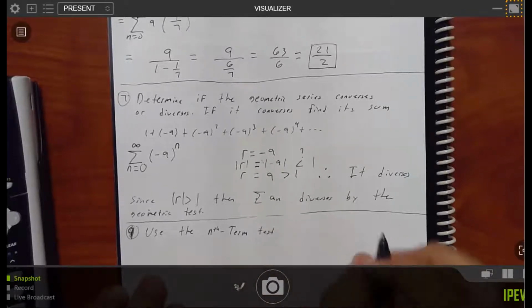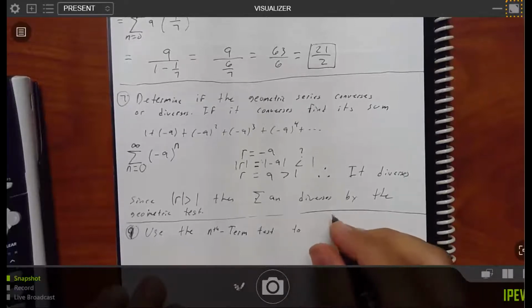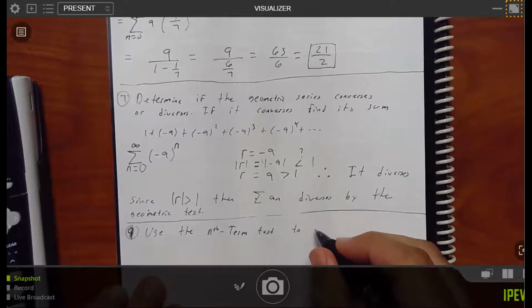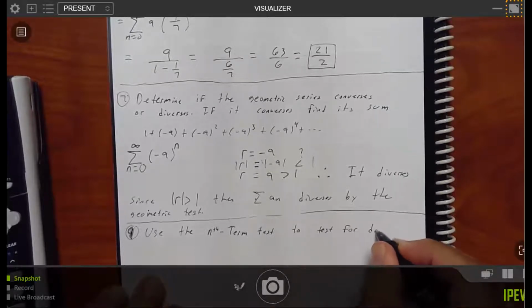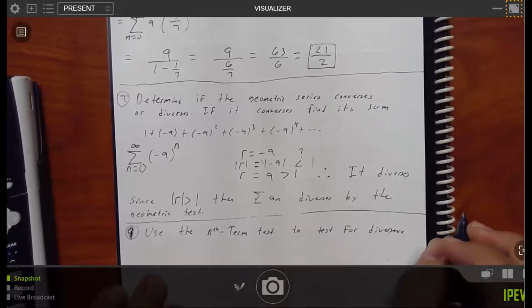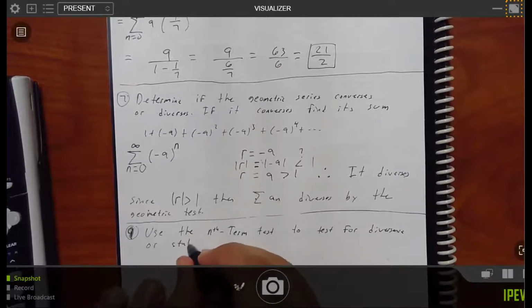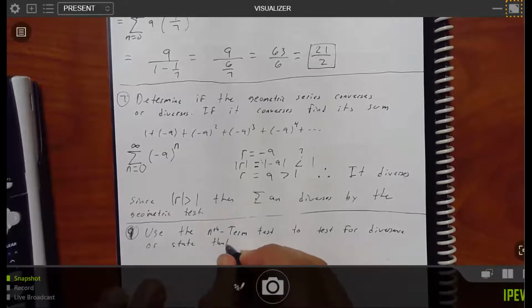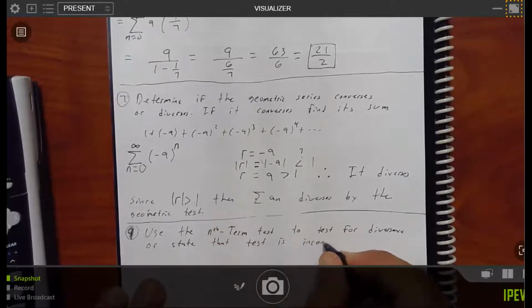So use the nth term test to test for divergence, or state that the test is inconclusive.